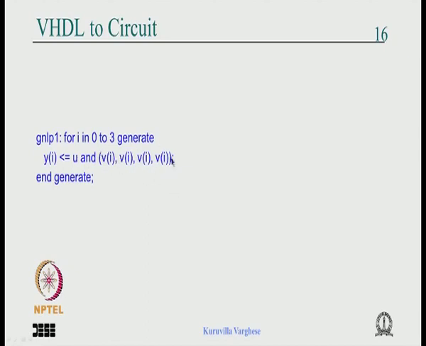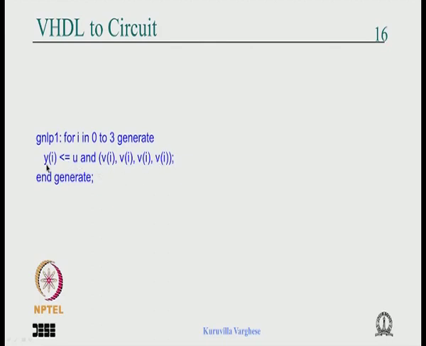So this is kind of aggregating it. So we know that U is a 4 bit vector which is an input. So you have U3, U2, U1, U0 which is ANDed with, U3 is ANDed with V0, U2 is ANDed with V0 and so on.